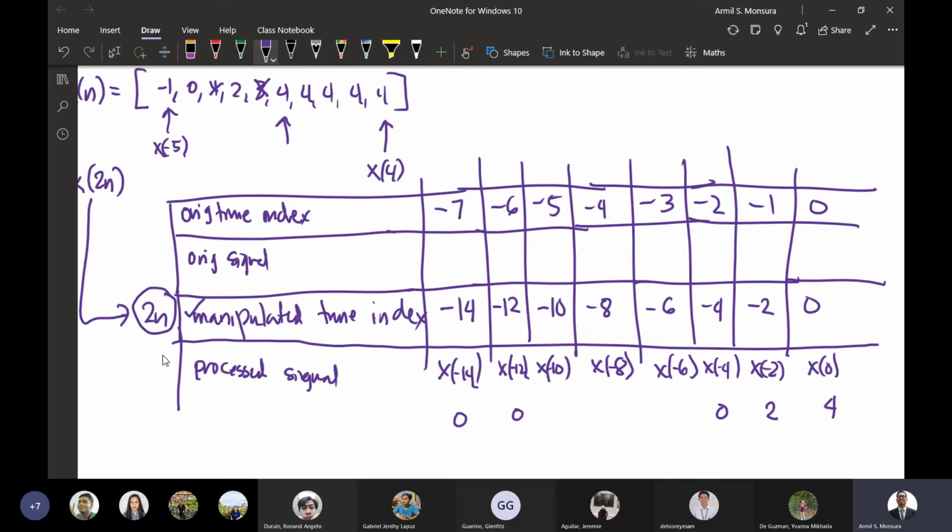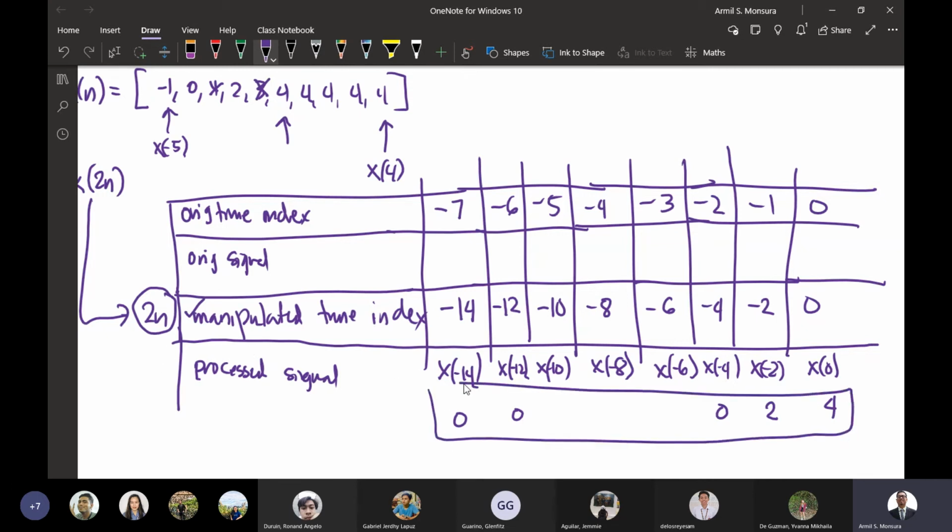But again, as a final reminder, yung process signal niyo, ang time index niyan, yung original time index pa rin. It won't change. Ang mababago lang sa kanya yung signal values niya on those time indices, but not the time indices themselves. Okay? Paliwanag ba?